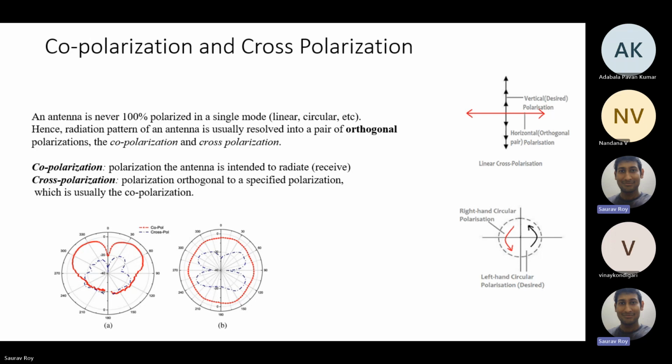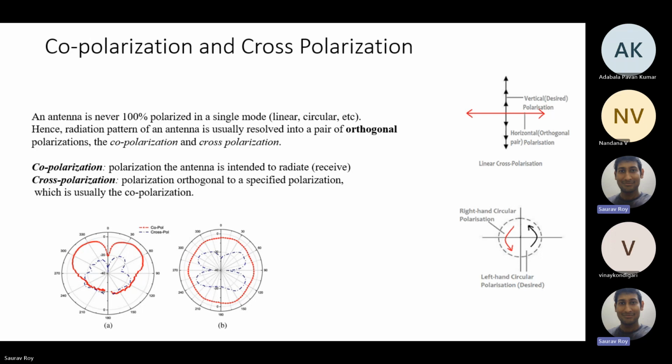Understand? So now in the right side picture you see, what we actually wanted is the black or vertical polarization, the desired polarization. But because of some problem, we are also getting a horizontal polarization. That is the orthogonal mode. So the black vertical line will be our copolarization, and the red line will be our cross polarization.